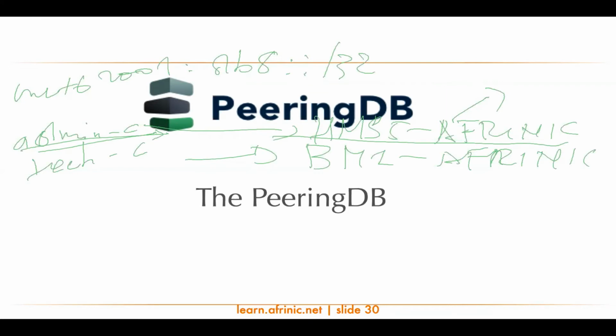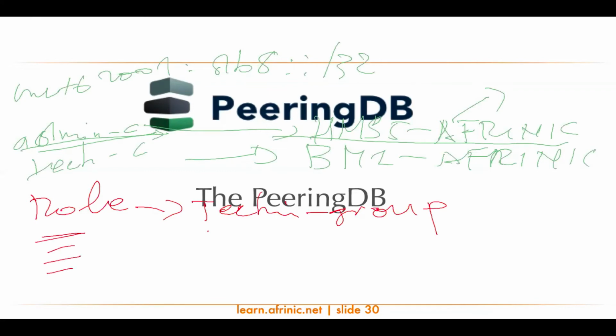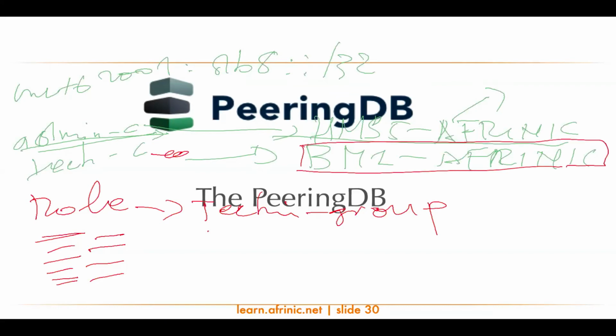What we recommend is you creating groups whereby you create a group, and the group actually is represented by a role. So the role will be, say, technical group. So tech group. And then in this tech group, you add various contacts. You can add Stephen, you add Bashir, you add Willie, you add Brice, and so on and so forth. Then in the tech C here, instead of putting the nic handle of a person, you now put the nic handle of this group.